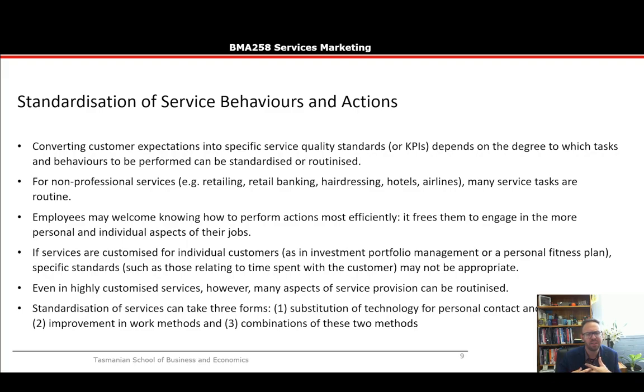Our blueprints can help with that too, because our blueprints are basically designing our service and trying to get a consistent routine where we can go through with enough flair in there, enough design wriggle room, enough exceptions basically, that we can still customise it as well. Standardisation of services can take three forms: number one, substitution of technology for personal contact and improving contact and human effort; number two, improvement in work methods; and three, combinations of these two methods.